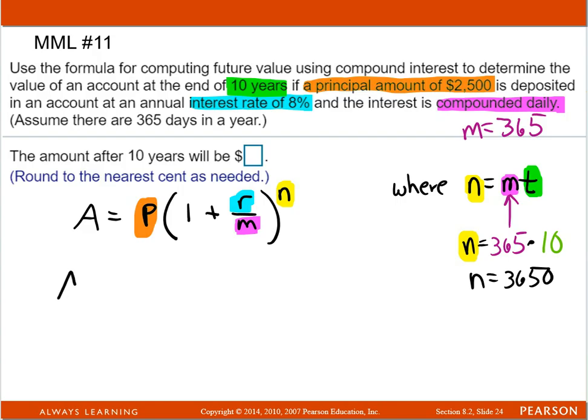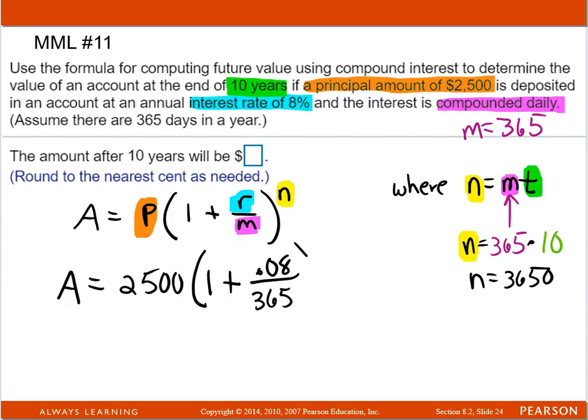So P was 2,500 times (1 plus 0.08 divided by 365) raised to the 3,650 power. There is where everything goes.